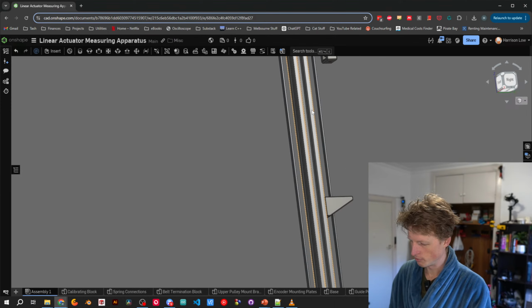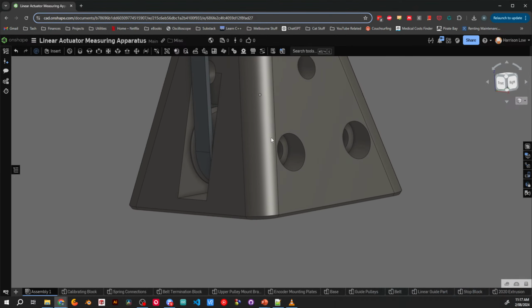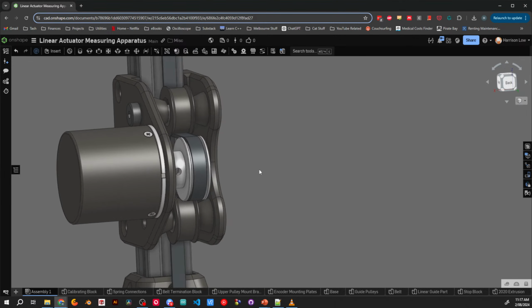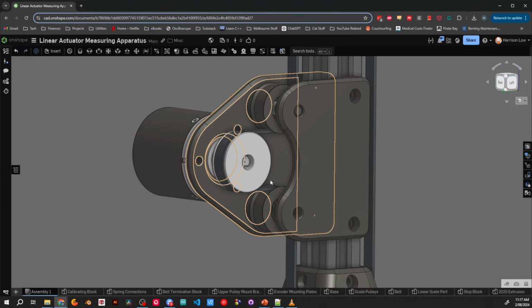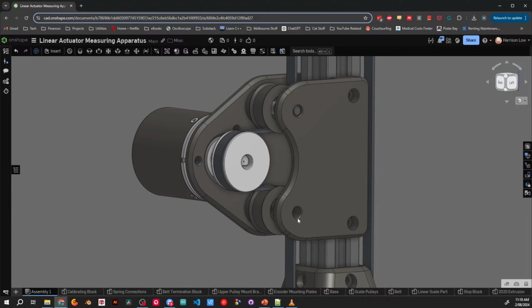Yes, so I'll show you in a little bit more detail in the CAD. This is the slider thing. It can go up and down. The belt runs down and around through two pulleys down here just to route it around. Back up. It then goes through the encoder, so it goes around these two idler pulleys, all of the pulleys are on bearings.